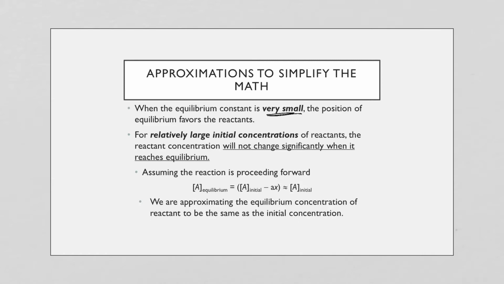Now, if we couple these small changes with a relatively large initial concentration, then the actual percentage change, if you will, would be insignificant, right? So if we have a large value and we have a small change, then the final value, our equilibrium value, isn't going to be very different than our initial value.